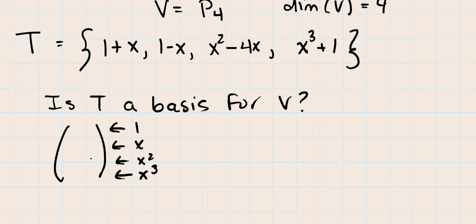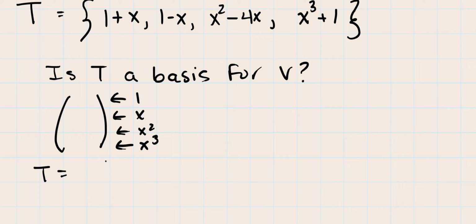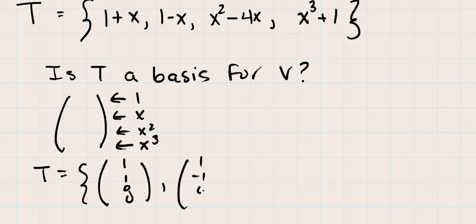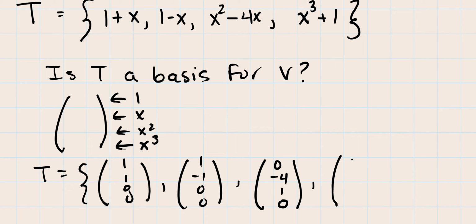So then T is 1, 1, 0, 0, 1, negative 1, 0, 0, 0, negative 4, 1, 0, 1, 0, 0, 1. And all I need to check is if these vectors are linearly independent.